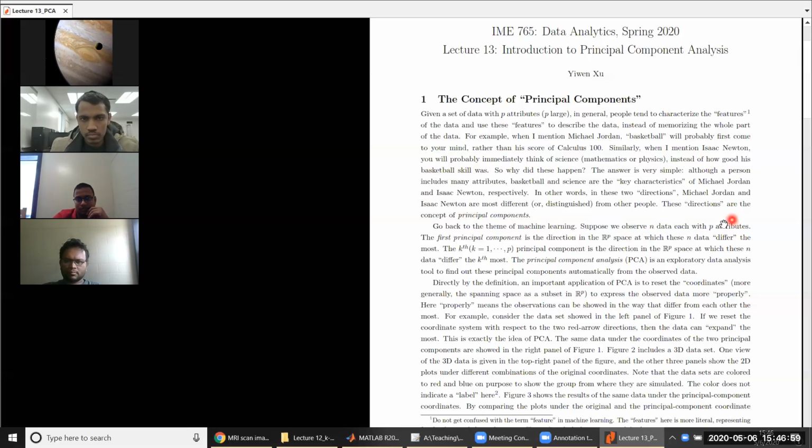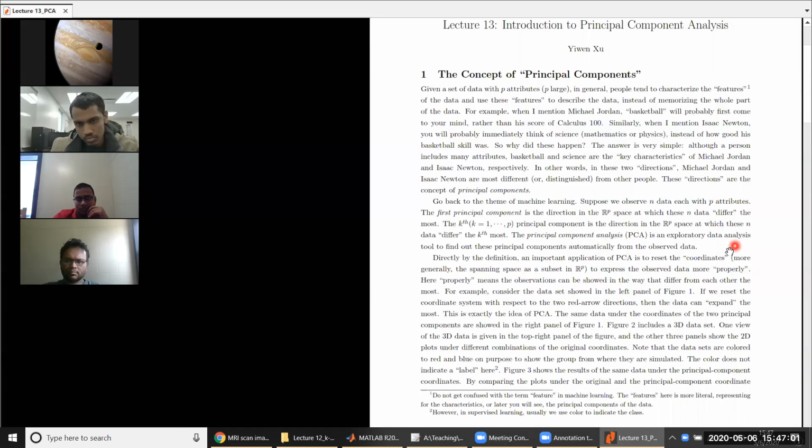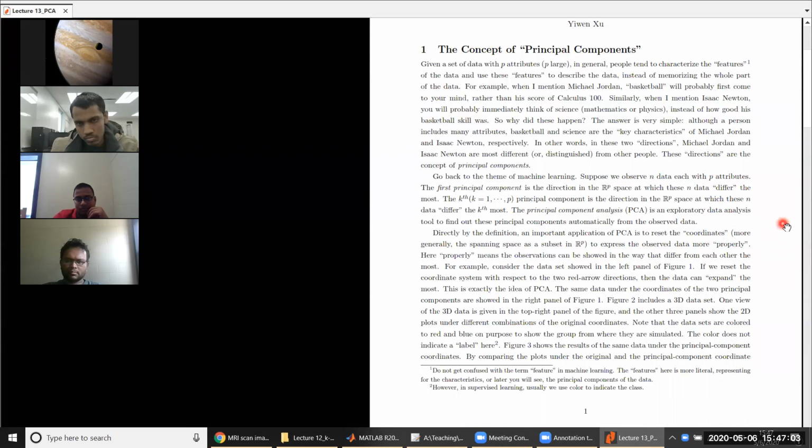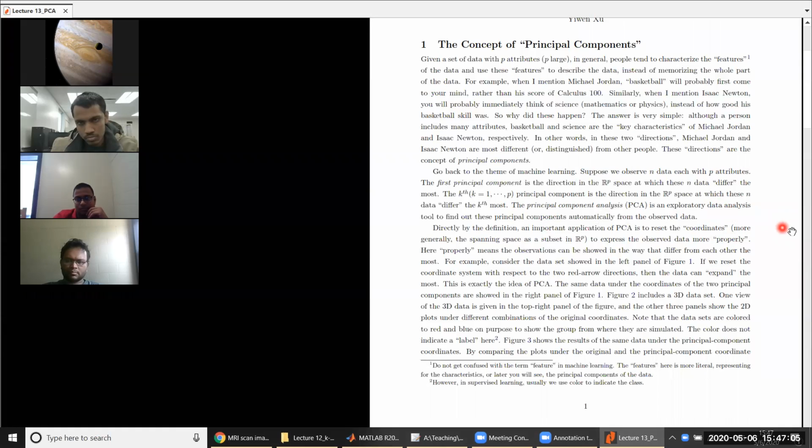Before giving you a very clear mathematical definition, let me first show you some concepts in terms of application. So first of all, when I say the first important, second important, or the kth important, k is from 1 to p, actually what I'm doing is resetting the coordinates, so that I don't have to consider the original p dimensions, the original coordinates.